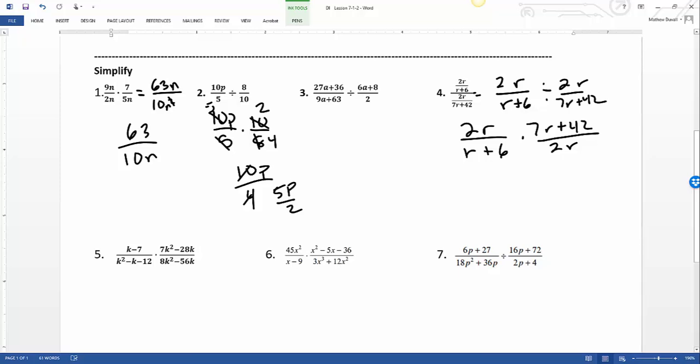And then the two r's, those would cancel out. So I get 7r plus 42 over r plus 6. I can factor out the 7. So those cancel out, so you're actually left with 7.